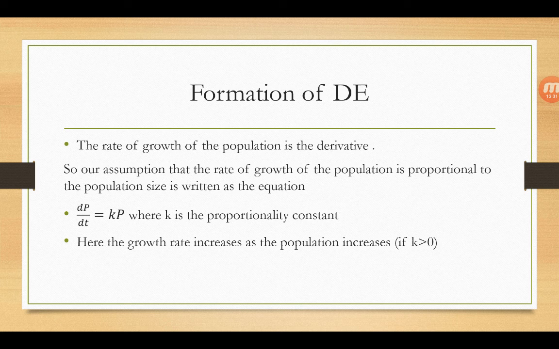By ruling out that case, we always have the derivative term k into P greater than 0, which says that the function is increasing. That is, population increases with respect to time. That is, growth rate increases as population increases.